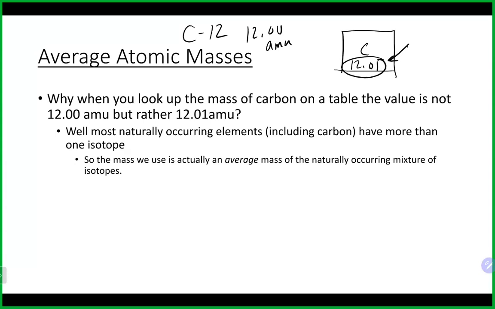So for example, carbon has carbon-12 and also the carbon-13 isotope, which appear in different percentages. And it's the averaging of those two that gives us the number we see on the periodic table.